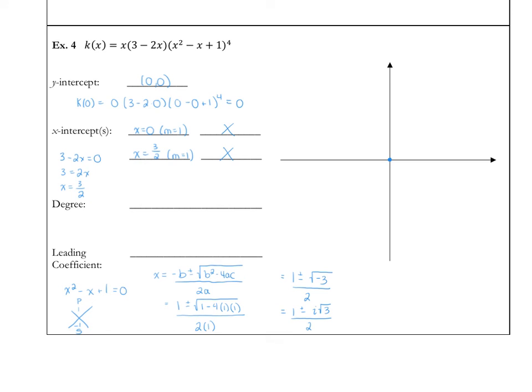Okay, so now for degree, well, we have a multiplicity of 1 here, and then we have to think, right? Well, I'm taking something that's squared and then raising it to the 4th, right? So again, this factor contributes a 1, this factor contributes a 1, and this factor contributes an 8. So this is degree 10.